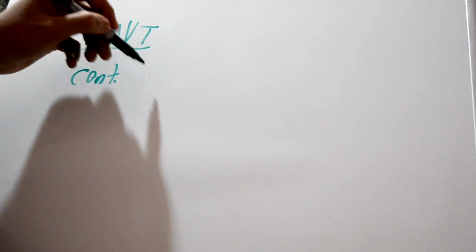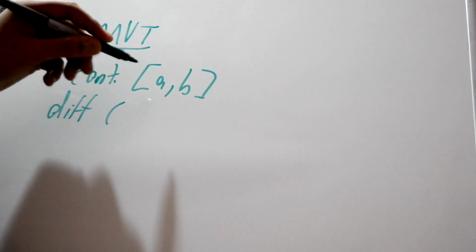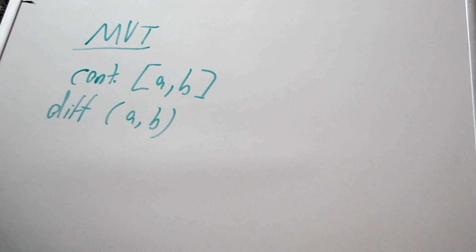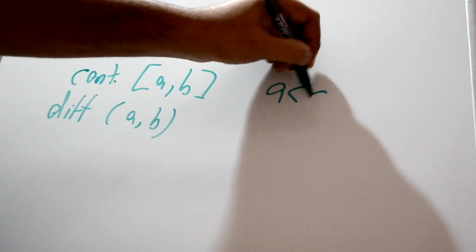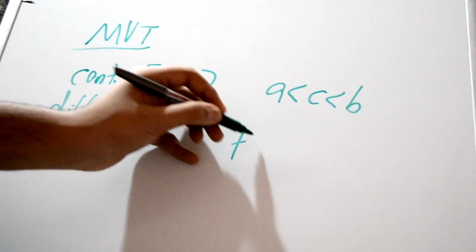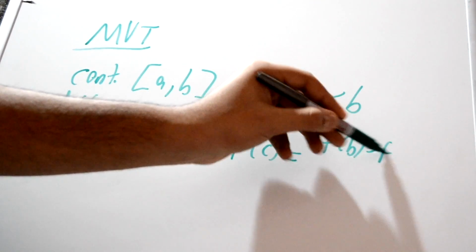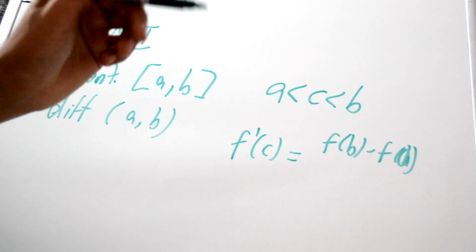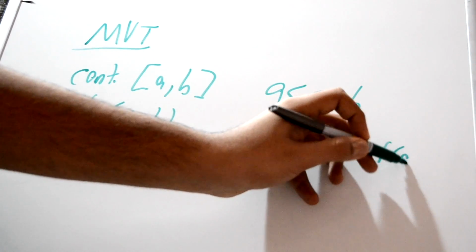It says if there's a function f of x that is defined and continuous on the closed interval a comma b, and differentiable on the open interval a comma b, then there's at least one number c in between, so a is less than c, and c is less than b, such that the tangent line at c has the same slope as the secant line between b and a. I'll just write that there.